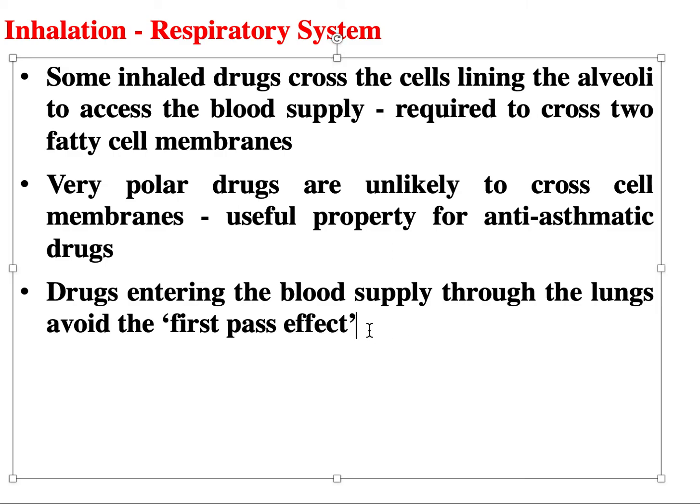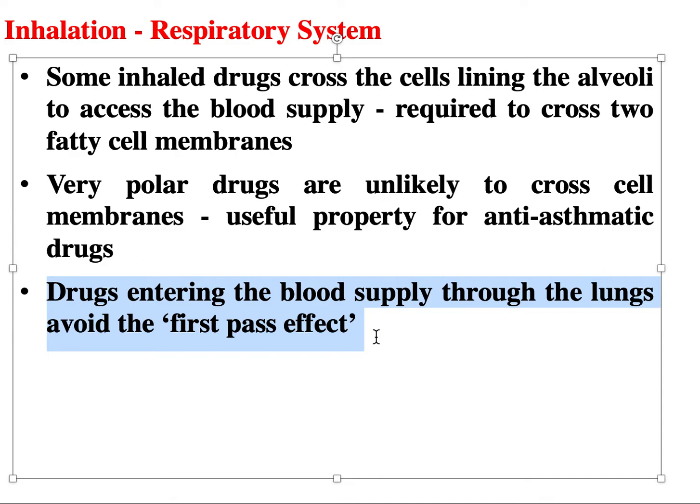The nice thing about inhaled drugs, from a drug design point of view, is that they avoid the first pass effect. What this means is that they go into the bloodstream through the alveoli in the lungs, so they're in the bloodstream before they go through the liver.